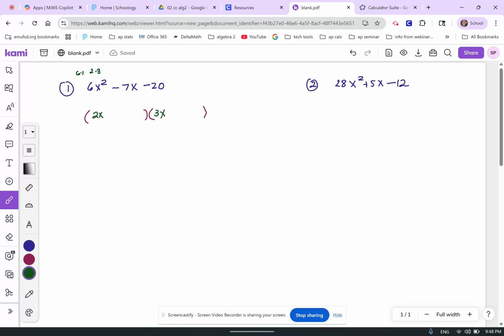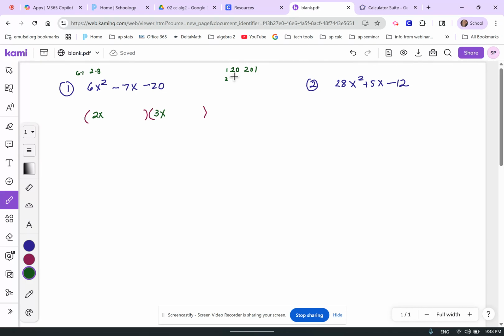I notice that the signs are going to be different in the parentheses because that last term has a negative in front, but we'll worry about that afterwards. The next thing I'm going to look at is the different possibilities for 20. We'll worry about the sign later. So what are the possibilities? You can do 1 and 20, but you can also do 20 and 1.